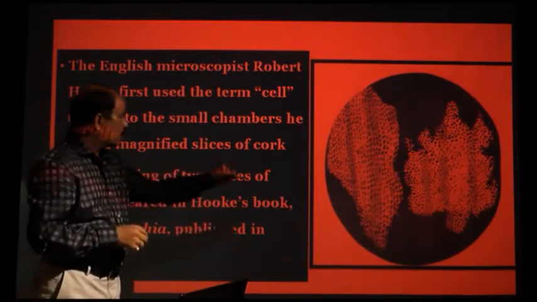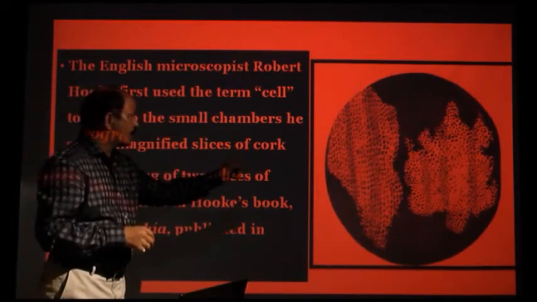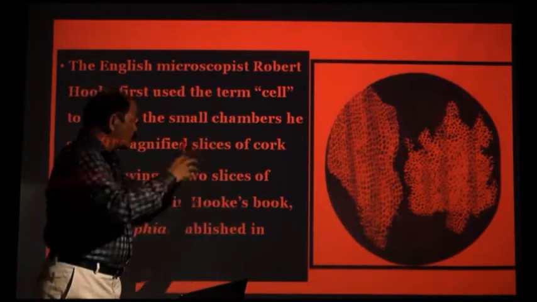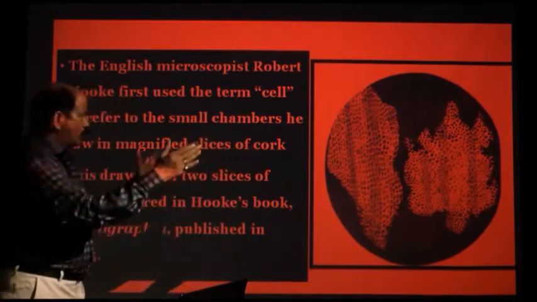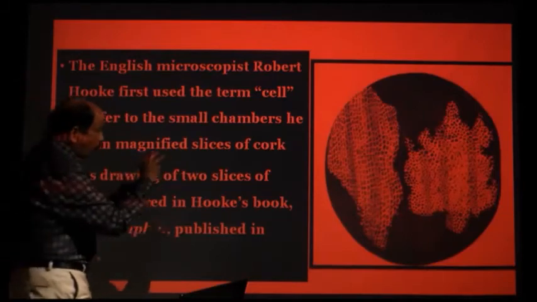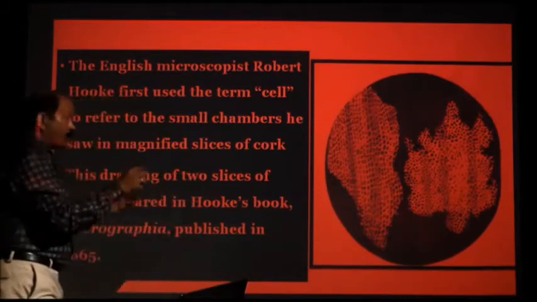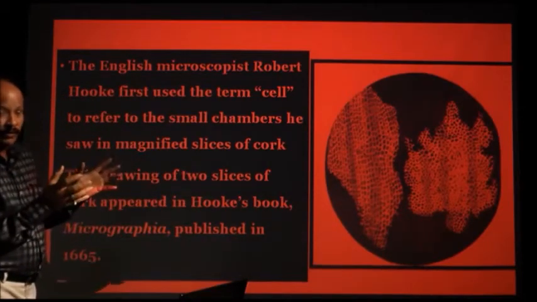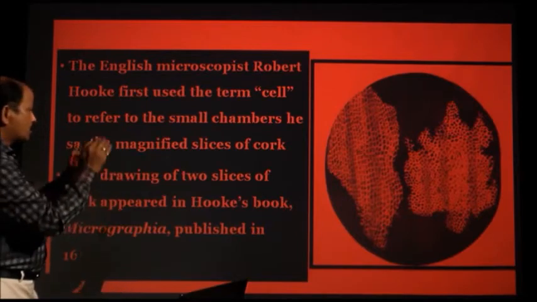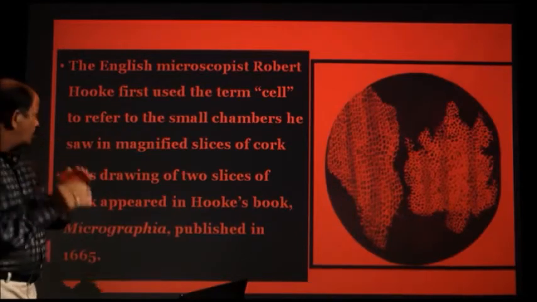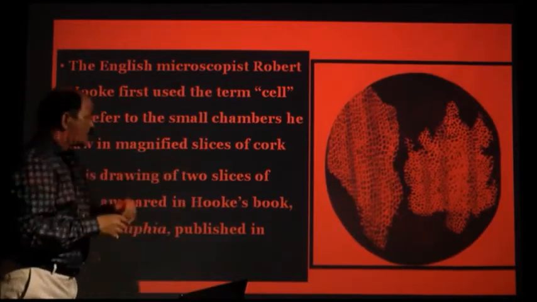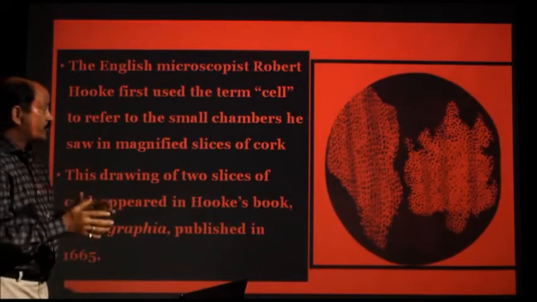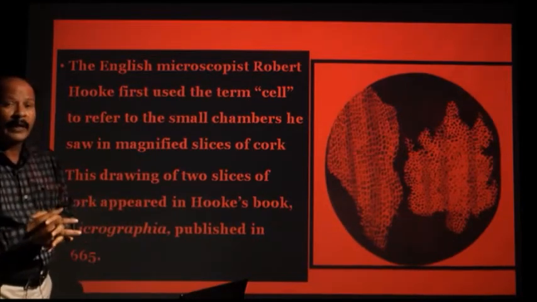and these are two drawings relating two samples, okay, and these small cavities reminded him the term cell. Cell means a room, a small size house, okay, and these things he published in 1665 in his book called Micrographia.